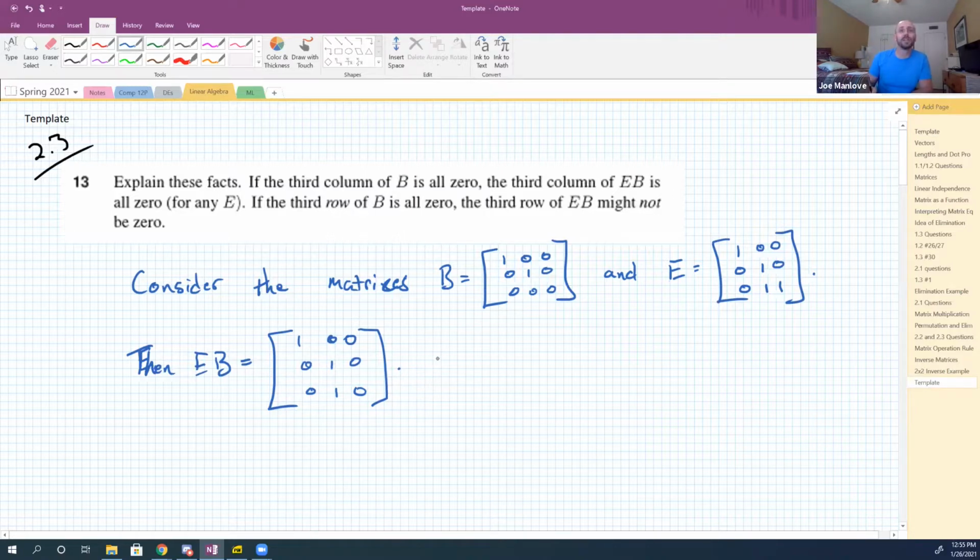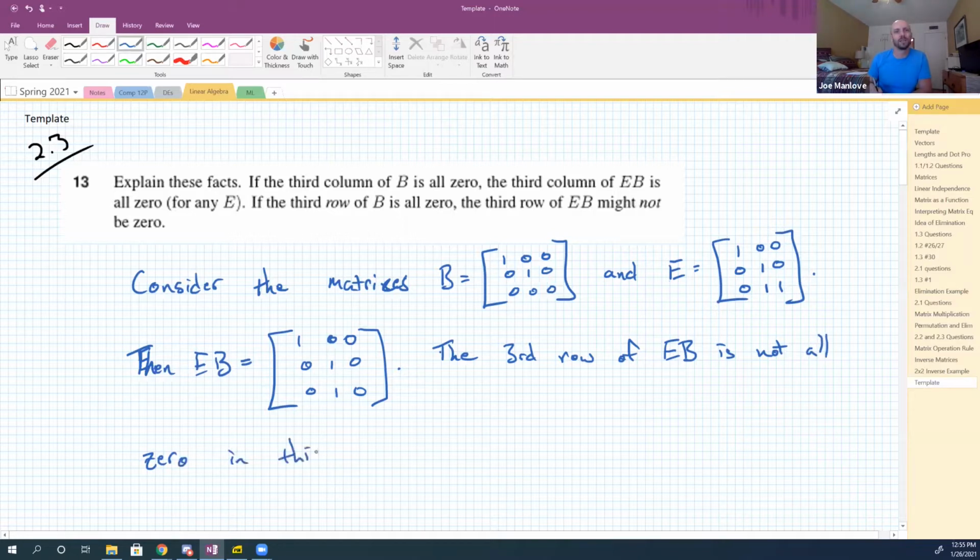So I would then say, okay, so the third row of EB is not 0, or is not all 0.